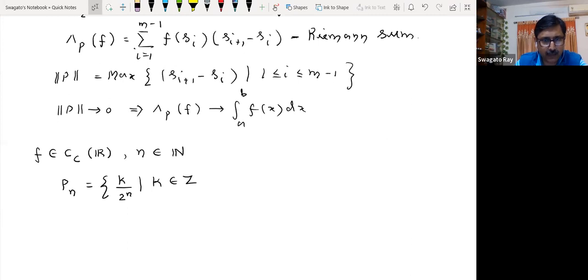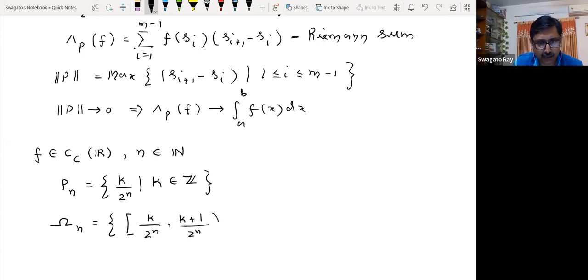So what it does is it divides the whole real line into countably many points. And coming out of this, there is something called Omega_n, a collection of intervals of a certain particular kind. They look like [k/2^n, (k+1)/2^n).